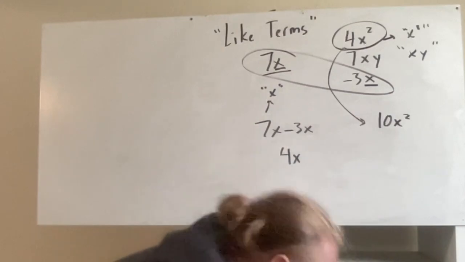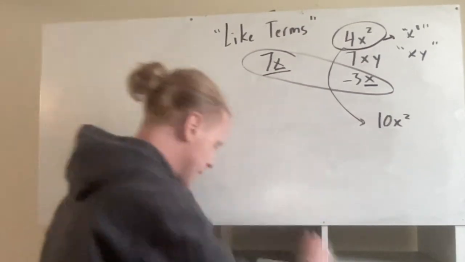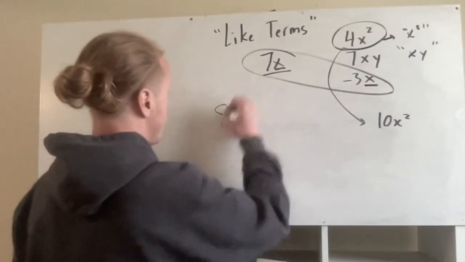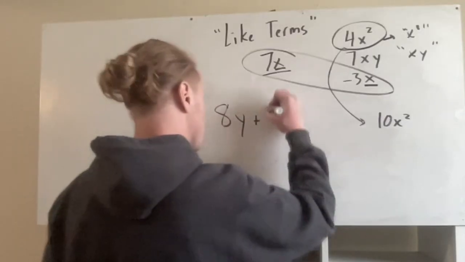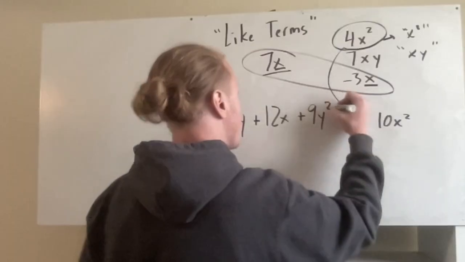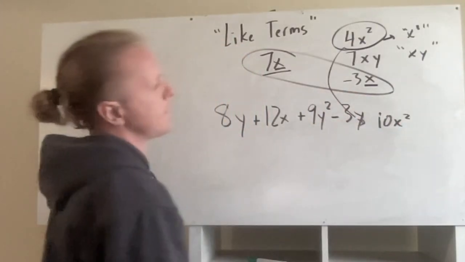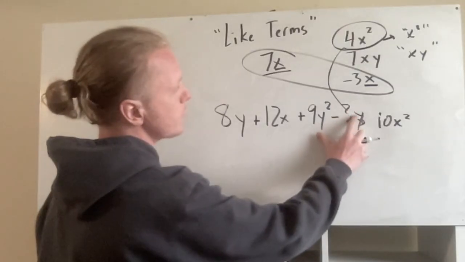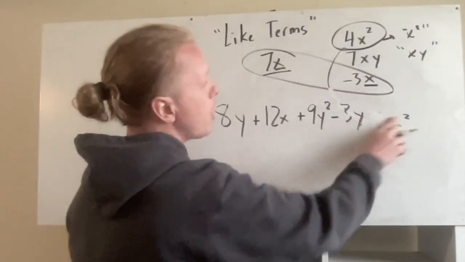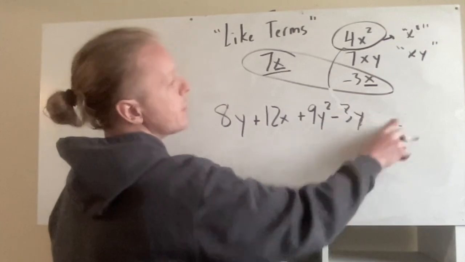So we can use this idea of like terms to help us simplify algebraic expressions. So let's take a look at one here. 8y plus 12x plus 9y squared minus 3y. So we look at this expression, and I'm calling it an expression because there's no equal sign. When we have an equal sign, it becomes an equation.